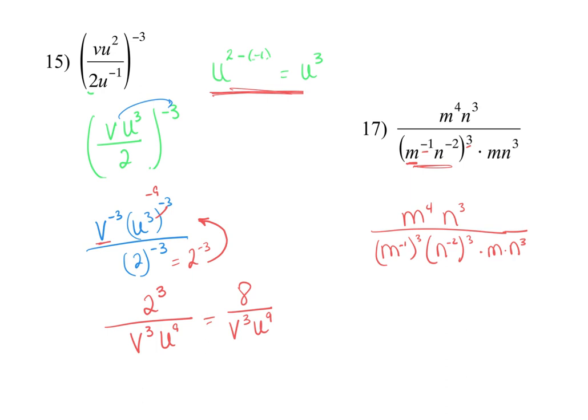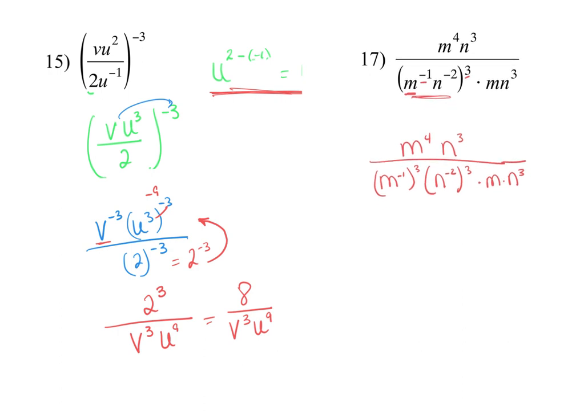So I'm just going to take it one step at a time, still leaving that numerator alone. That is still m to the fourth n cubed. Negative 1 times positive 3 gives me a negative 3. Negative 2 times positive 3 gives me a negative 6. And I have an m, that's to the first power, and n to the third power.